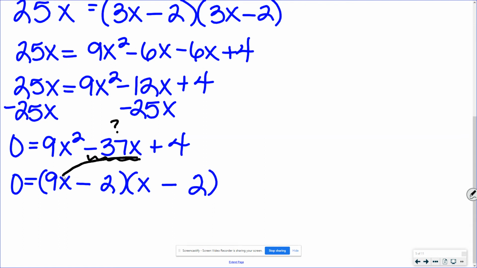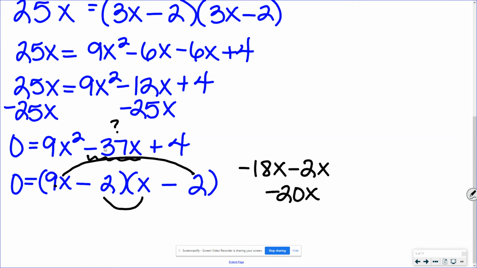And we're going to do so by multiplying the outside 2 terms together, the inside 2 terms together, and then combining them. So 9x times -2 would be -18x. -2 times x would be -2x. And if we combine like terms, we get -20x. That does not match what's in the middle here. Therefore, the 2 and the 2 was not the right combination.